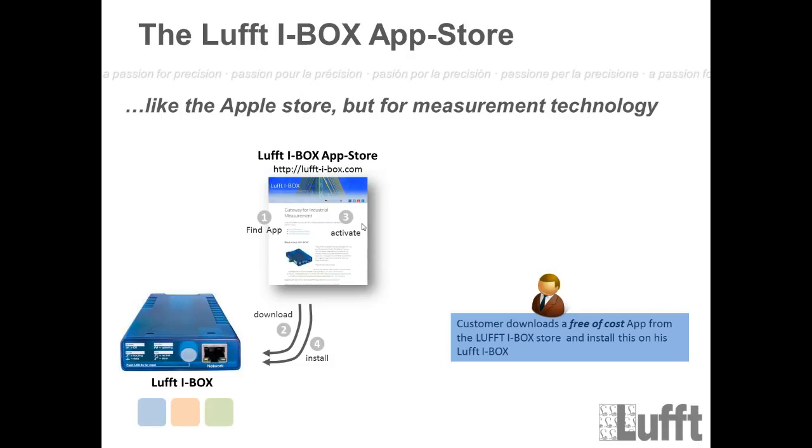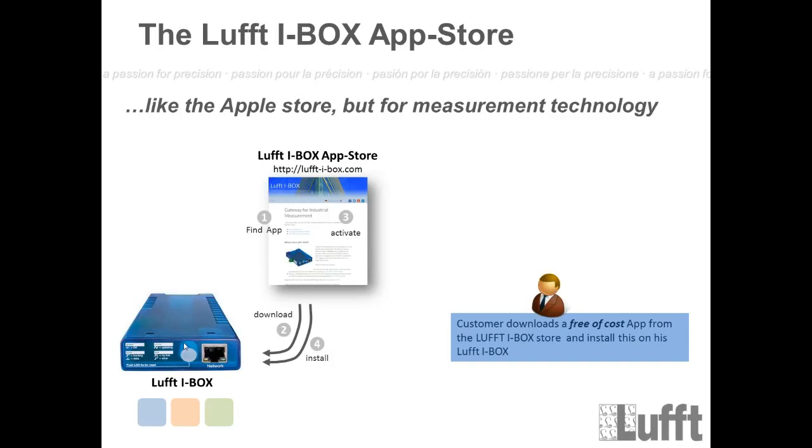After you have activated the app, that means you get the serial number and everything is registered, you will be able to install the app on the Lufft I-BOX. There is a button in the app menu, in the Lufft I-BOX menu. There you will be able to install the new app. It's really easy and simple. So that's the first possibility if you want to download a free of cost app.